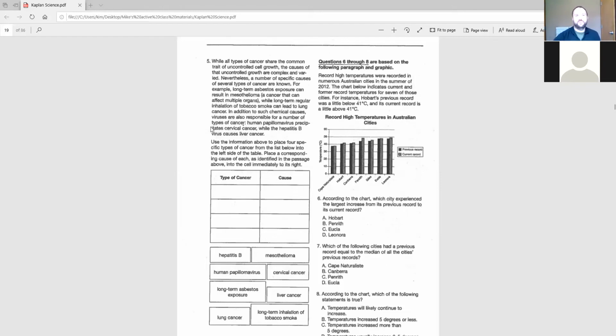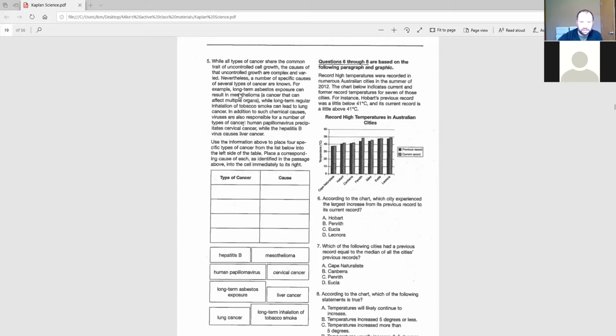So number 5, I'll just start reading and go from there. Number 5 says, while all types of cancer share the common trait of uncontrolled cell growth, the causes of that uncontrolled growth are complex and varied. Nevertheless, a number of specific causes of several types of cancer are known.